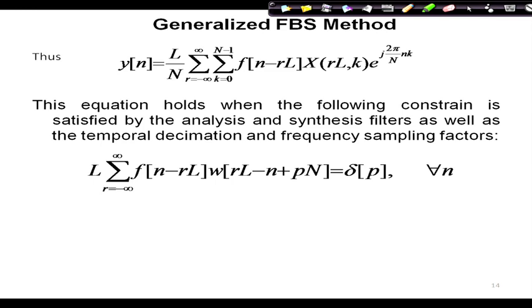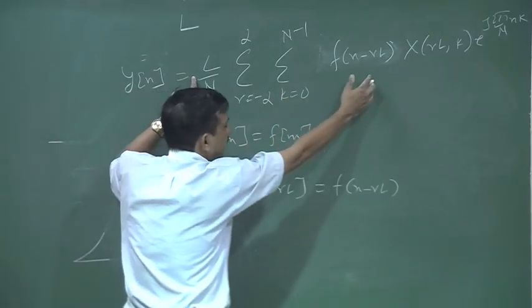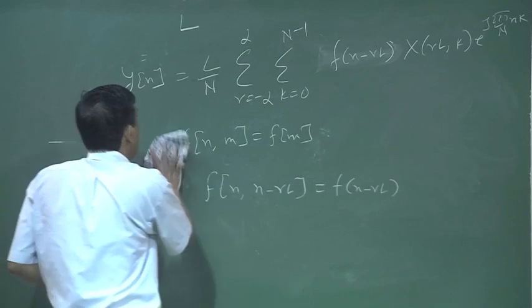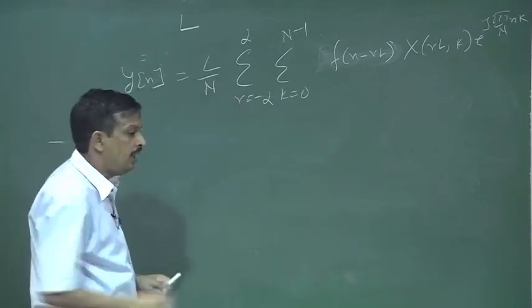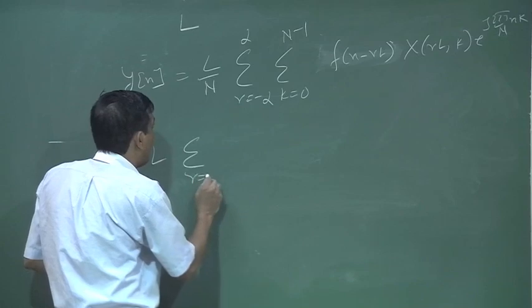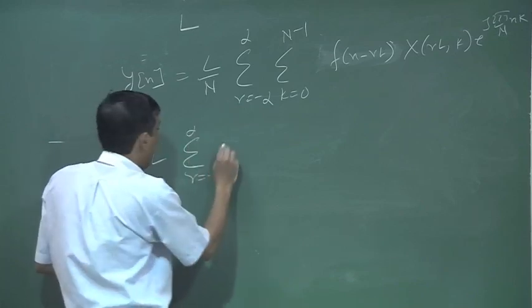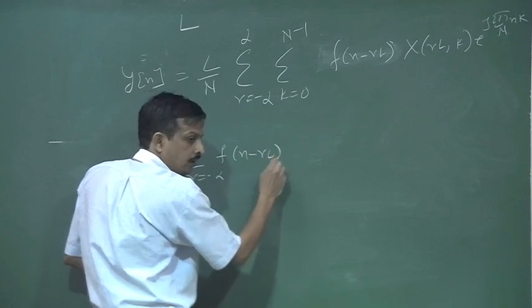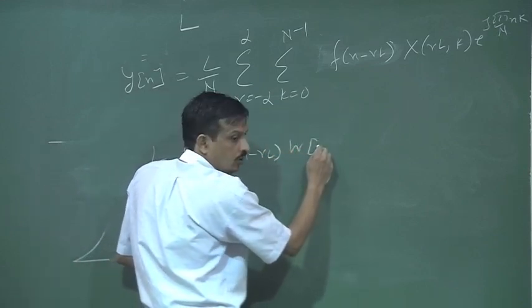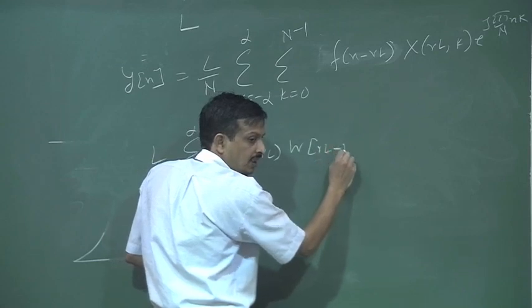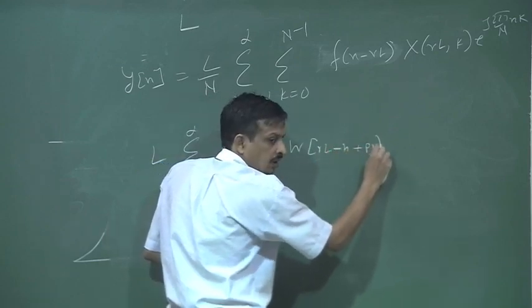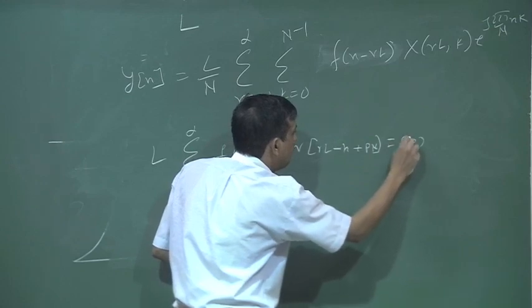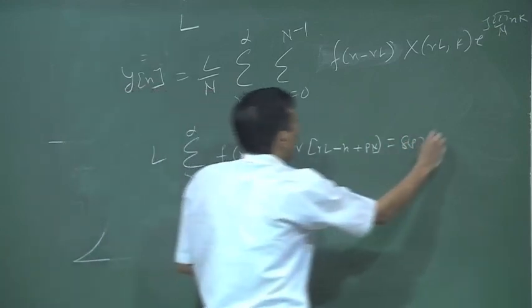So, this equation holds only if the following constraint is satisfied by the analysis and synthesis filters as well as the temporal decimation and frequency sampling factor. So, I can say y[n] is equal to x[n] when L into the sum over r equal to minus infinity to infinity of f of n minus rL multiplied by W[rL minus n plus pN] is equal to delta[p] for all n.